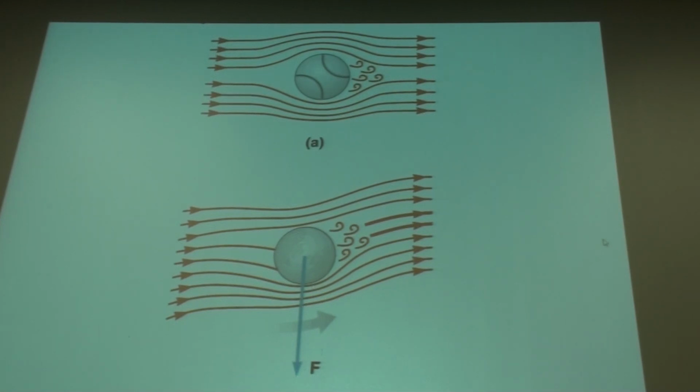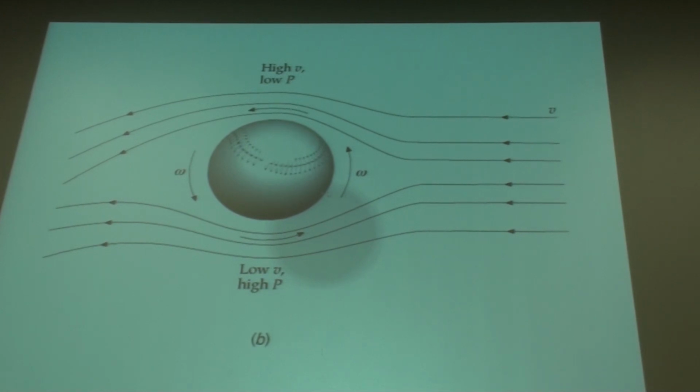Okay? And so if the baseball, say, is rotating this way, and the airflow is that way, then a higher velocity is going to happen over the upper surface of the ball, and a lower velocity is going to happen over the lower surface of the ball. Why? Because the rotation of the ball carries air along with it.